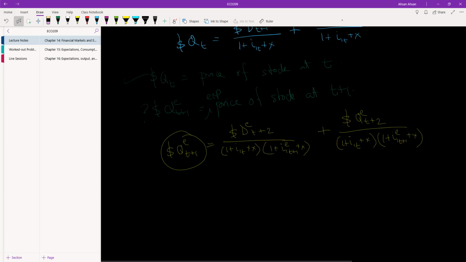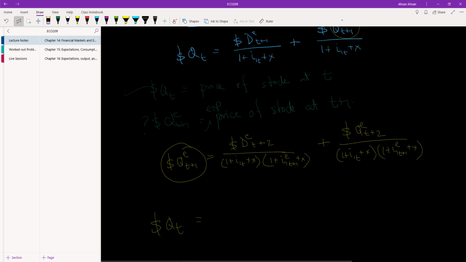Okay, then what do we get? The price of the stock in period t plus 1 is equal to, how much will we get? Nothing happens to the first term, so that stays the same.